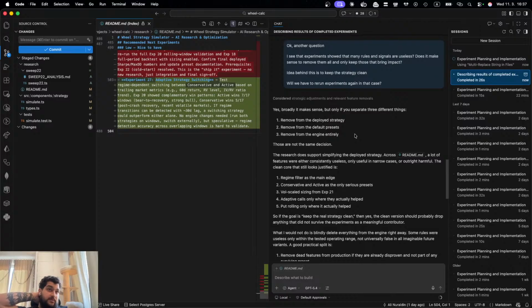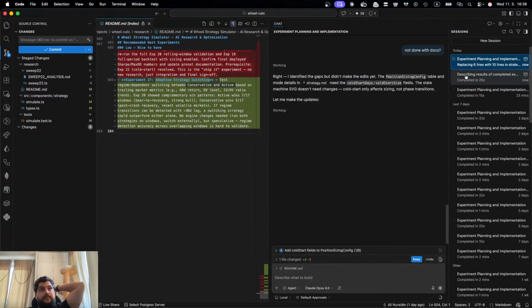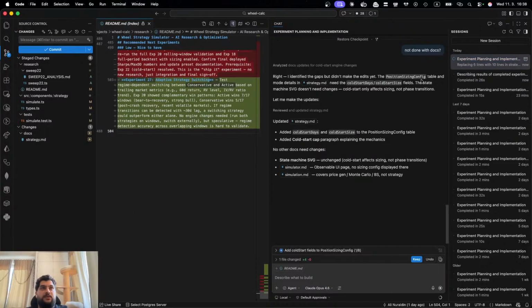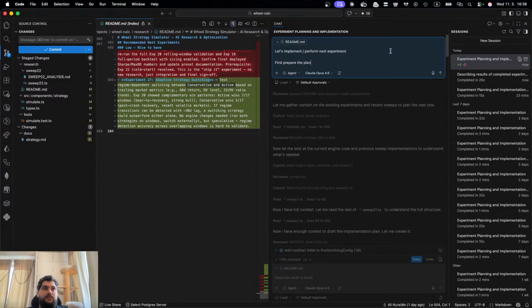Remove from deployed strategy, remove from default presets, remove from engine entirely. Those are not the same decision.